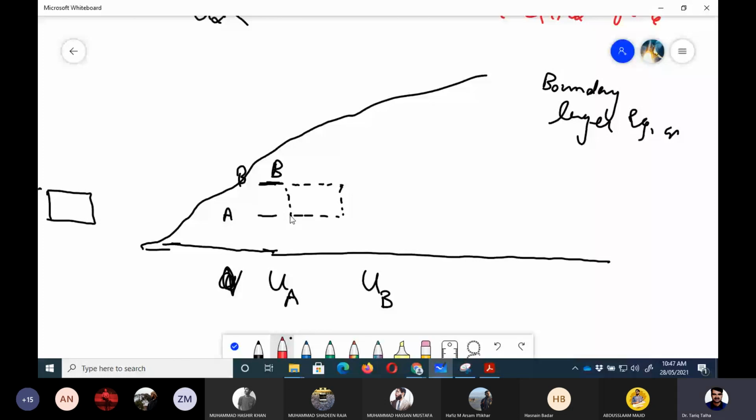Because it has low velocity at the bottom and more velocity at the top, it would be tilted in the clockwise direction.